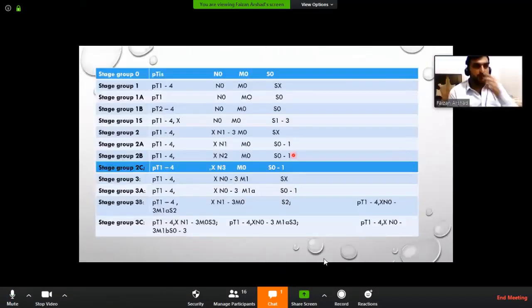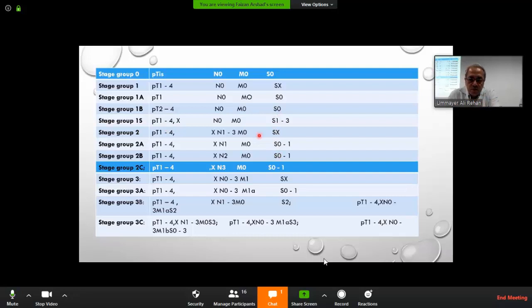So as sir mentioned, the stage is divided in the stage group 0 to stage 3C, and here we can see the pathological tumors on the biopsy from T1 to T4, and this shows the nodes, and this M is for the mets as we discussed, and S for the serum marker. Right.